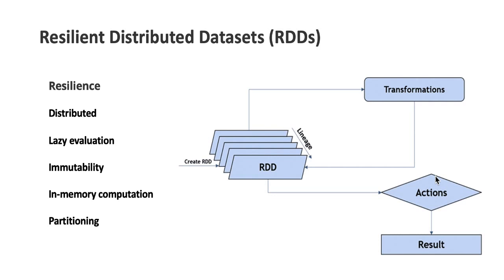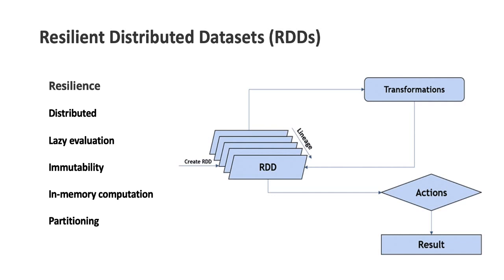RDDs track data lineage information to recover lost data automatically on failure. This is also called fault tolerance. RDDs are distributed. That means that data present in an RDD resides on multiple nodes. Spark performs two types of operations, transformation and action, which we will see in detail in my next video.